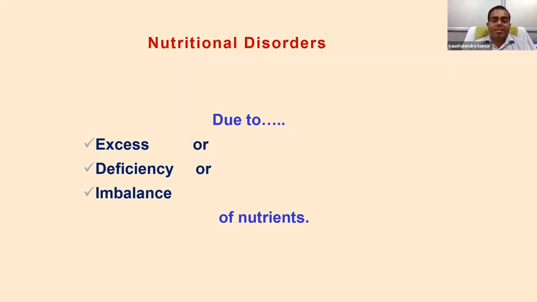Deficiency is deficiency of any vital nutrient. The nutrients are carbohydrate, protein, fat, minerals, vitamins, and one most important nutrient is water also. These six nutrients should be provided according to the physiological condition of the animal. If any major deviation occurs in these nutrients, then the problem arises.